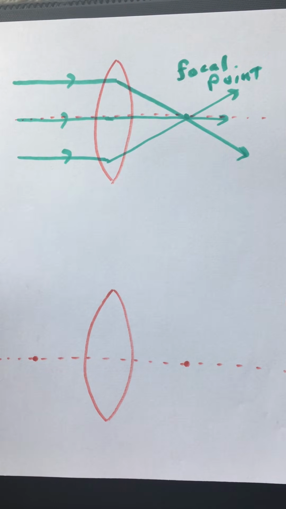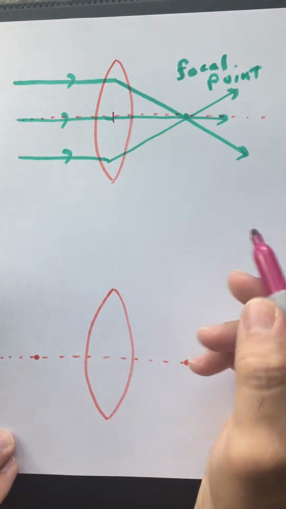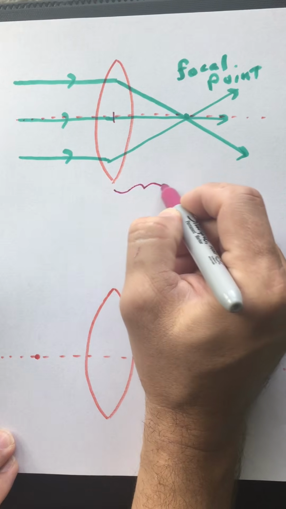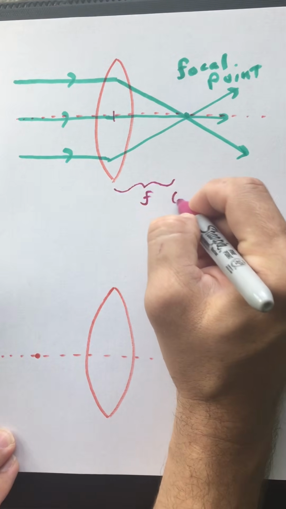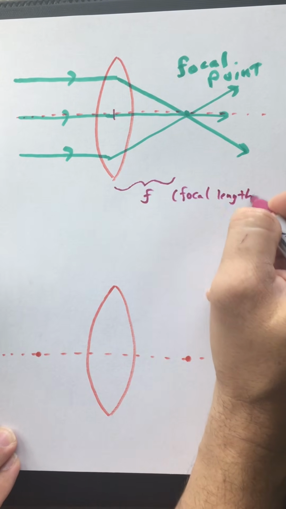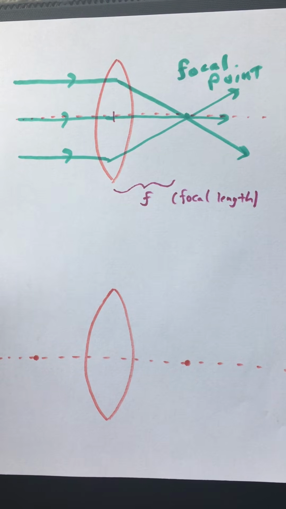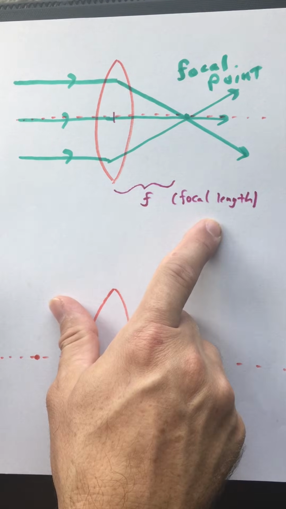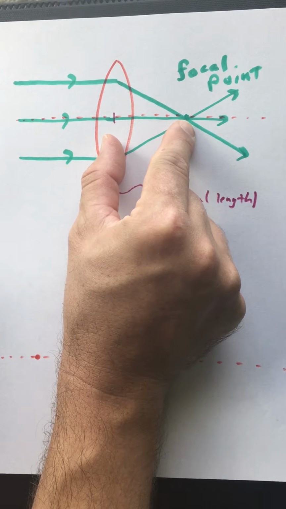And when I do that, I can now measure the distance between the center point of the lens and that focal point. And I call that F, the focal length. It is a length that'll be given in units of meters, or most likely centimeters or millimeters. But it's just a physical length from the center of that lens to the focal point over here.